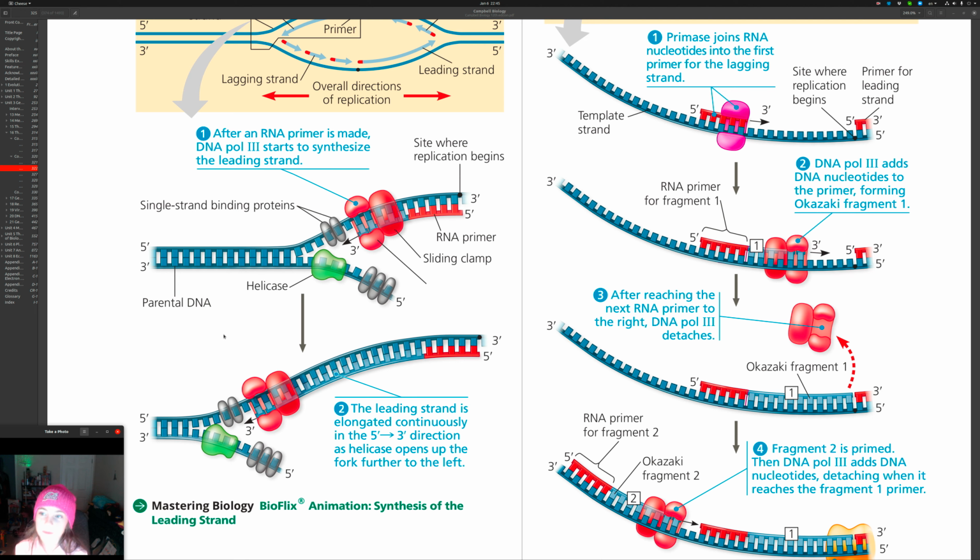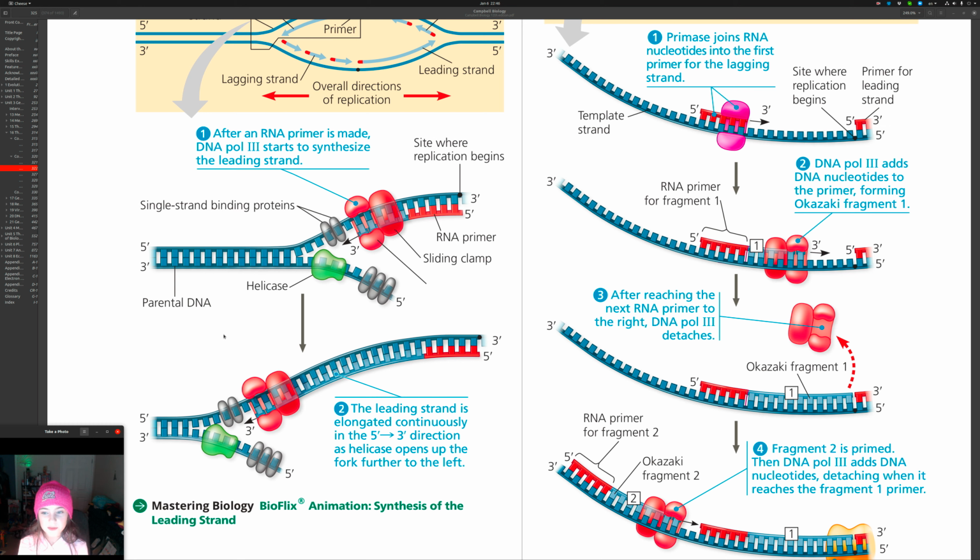And the DNA polymerase 3 adds DNA nucleotides that form Okazaki fragment 1. An Okazaki fragment in a prokaryote is 1,000 to 2,000 nucleotides long, while an Okazaki fragment in a eukaryote is only 100 to 200 nucleotides long.